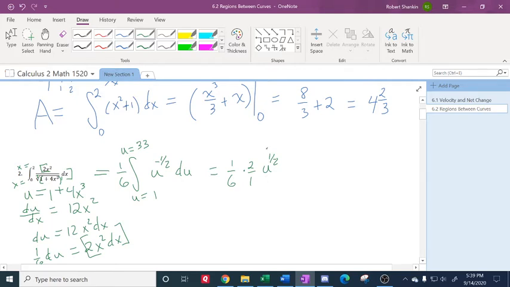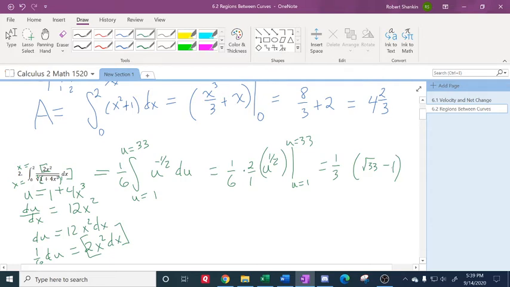And then I'll leave the constants up front, evaluate this from 1 to 33, and this reduces to 1/3, and then I get the square root of 33 minus the square root of 1, which is 1. So I'll just have minus 1 right here. And this represents the area under the curve of this big function from 0 to 2.